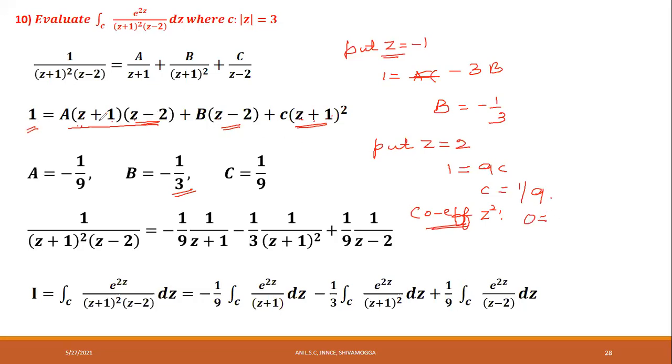And on the right, the z square coefficient is A plus C. Therefore, A is equal to minus C, and C is 1 by 9. A is equal to minus 1 by 9. B is equal to minus 1 by 3 and C is equal to 1 by 9. All the three constants are determined.